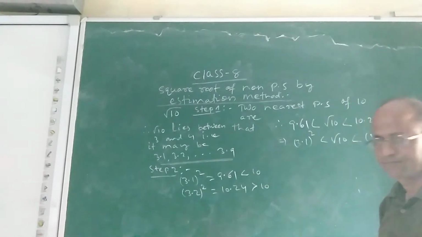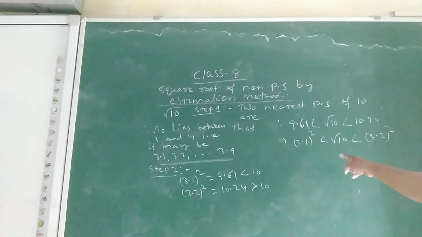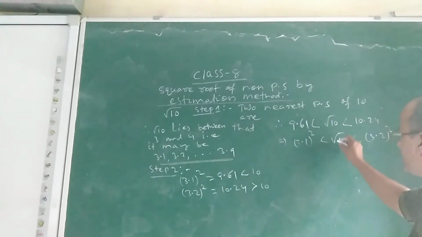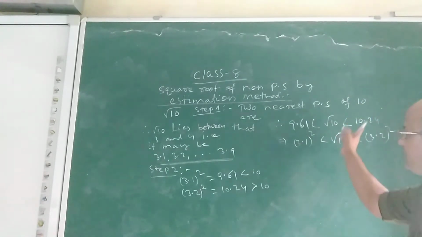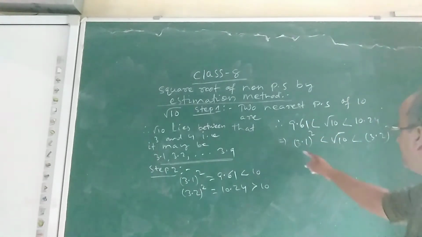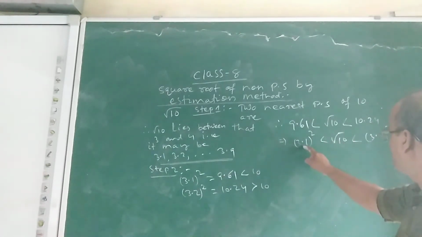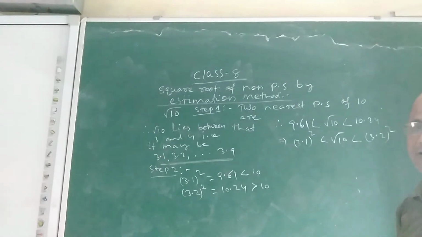So earlier, in the first step, the square root of 10 was lying between 3 and 4. But now square root of 10 is lying between 3.1 and 3.2. So how to know which is the square root?